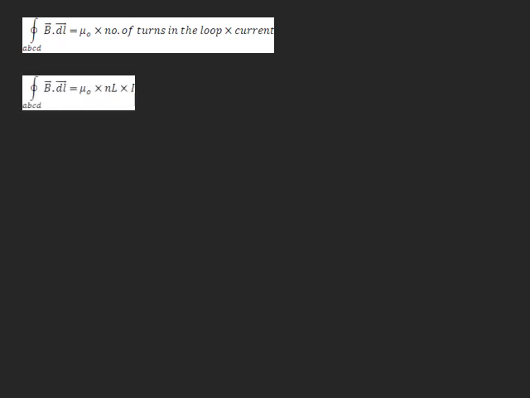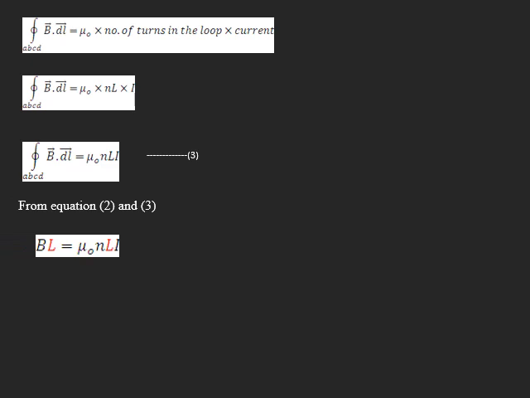So the equation becomes integral B dot dl for loop ABCD is equal to mu naught into capital N, that is equal to n into L, as we have seen earlier, into current I passing through the solenoid. So we will have integral B dot dl along ABCD is equal to mu naught nLI. Consider this as equation 3.